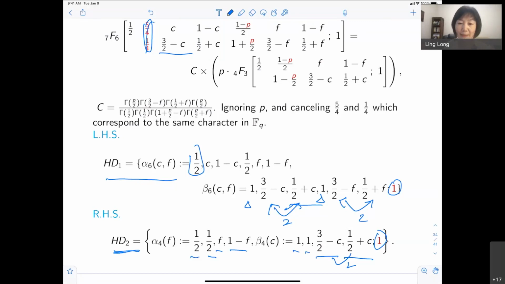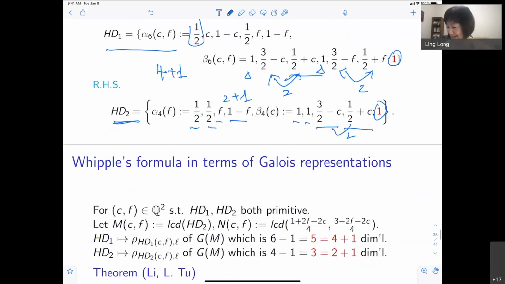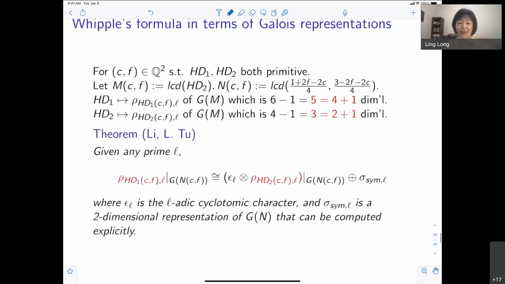That means I'm actually coming up with a pair of self-dual representations, both evaluated at 1. The structure on the left-hand side is, representation-wise, 4 plus 1, and on the right-hand side 2 plus 1.